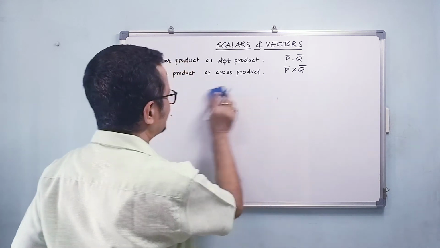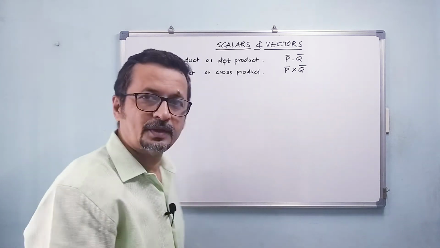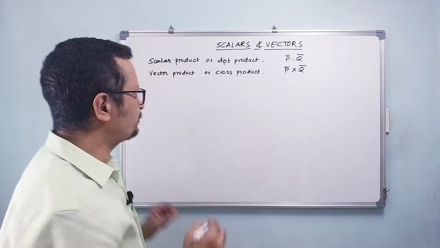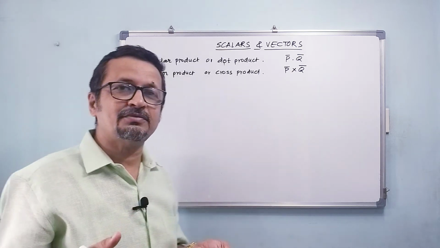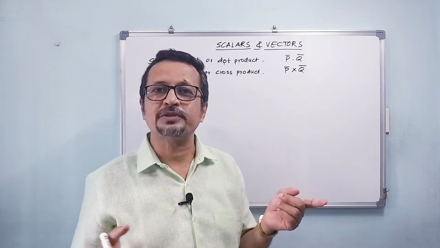I am going to take the example of work done by a force. Now what is work done by a force? Work is said to be done when a force acts on a body and produces a displacement in its own direction. Correct?